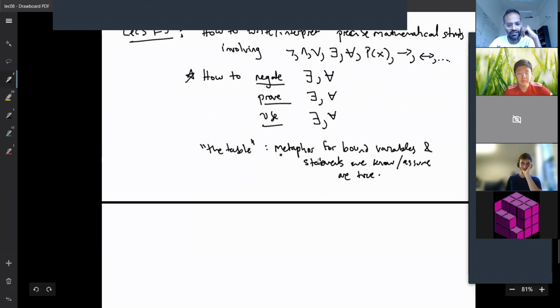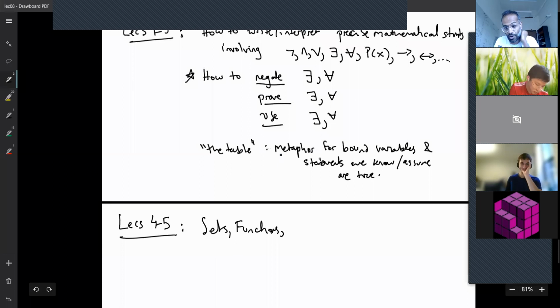Okay. Now lectures 4 and 5, we learned about sets and functions and various properties of functions like one-to-one, onto, what it means to be a bijection. And then we used these to study sizes of infinite sets, namely this concept of cardinality.